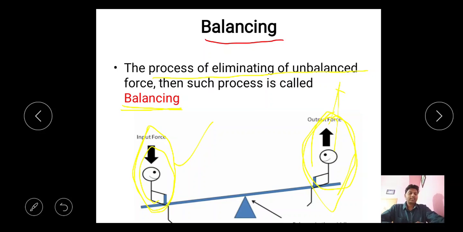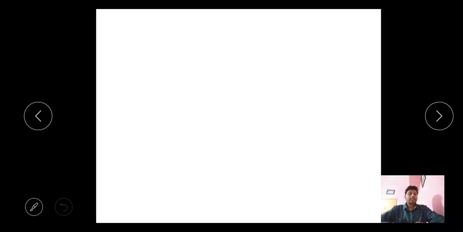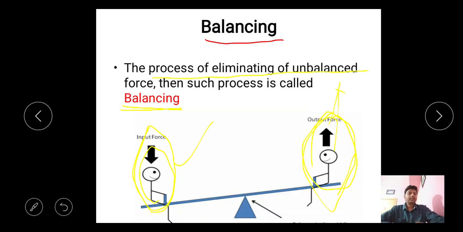So balancing is nothing but the process of eliminating unbalanced force. Now, when there are only two masses, m1 and m2, you can easily balance.